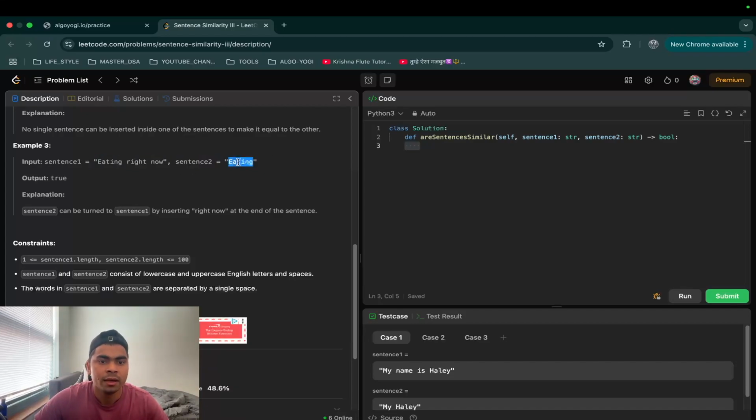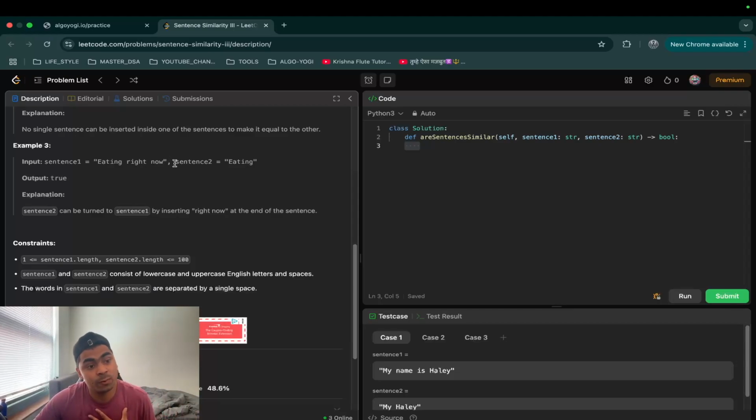So the answer should be true, because what I have done here is I have inserted this part next to eating. What I was seeing through pointers is I want to see all the words in my sentence 1. I keep saying sentence 1 because I have flipped their values to have some consistency, so that I'm always trying to convert a smaller sentence into the bigger one.